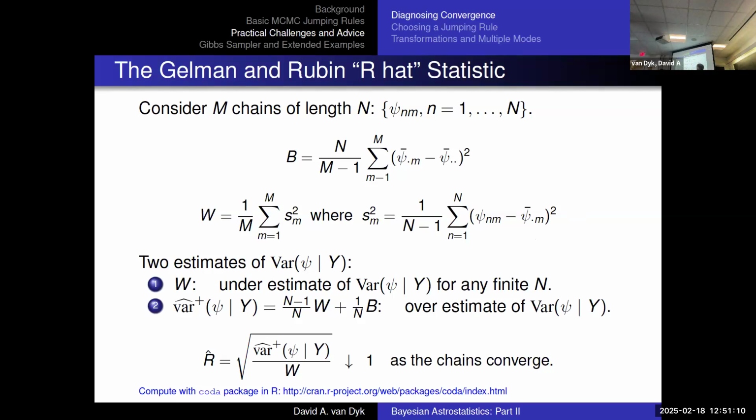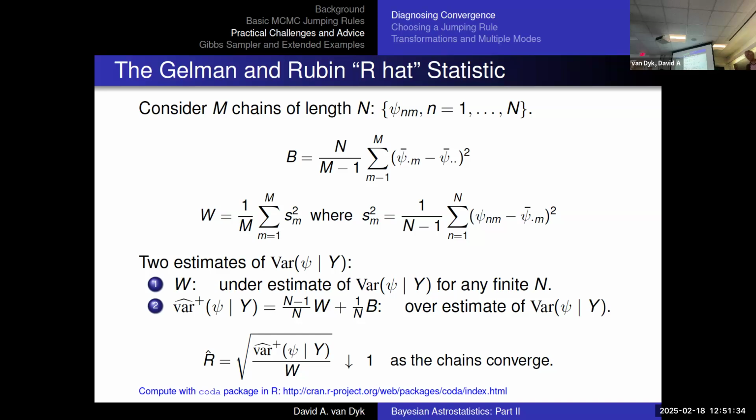On the other hand, the within-chain estimates tend to be underestimates. That's because if I have a high correlation, a chain that's just moving around the parameter space, and I start by looking at just this bit, it hasn't reached all the parts of the parameter space, so it's underestimating the variance.